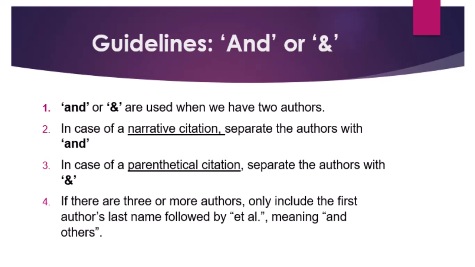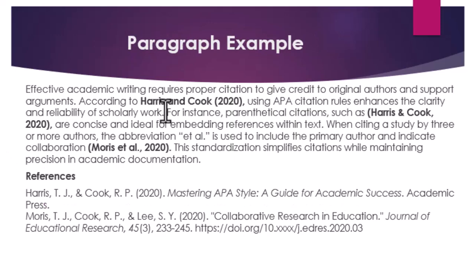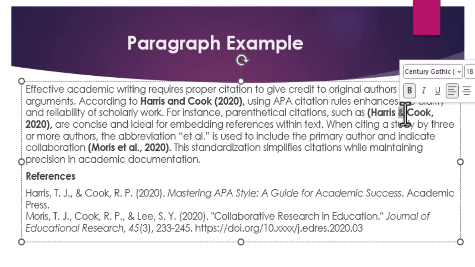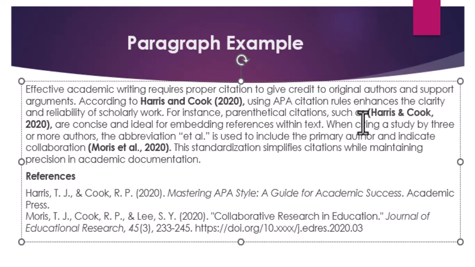So when you come here in a paragraph example, you can see "according to Harris and Cook". Here we use "and", the A-N-D. But when you come to the end of the sentence, the parenthetical citation, we use the symbol "&". So that is the difference.